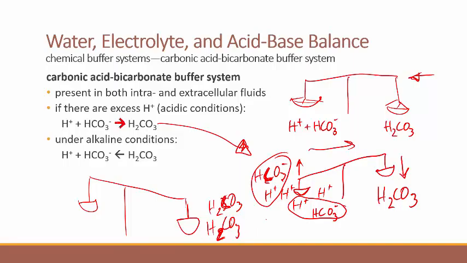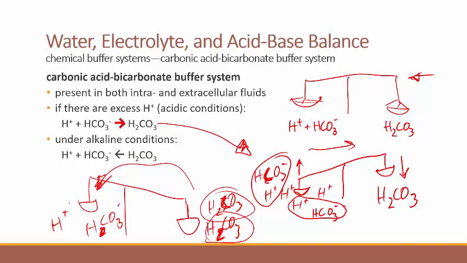The source we look to is the carbonic acid that is laying around. All we have to do is rip a hydrogen ion off, and now we have just HCO3 minus, and we have hydrogen ions around, and we have restored our balance again.